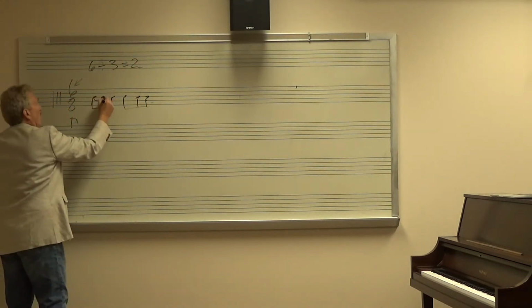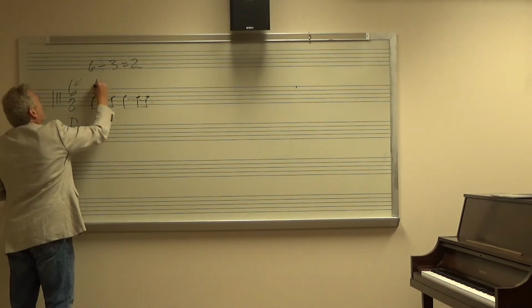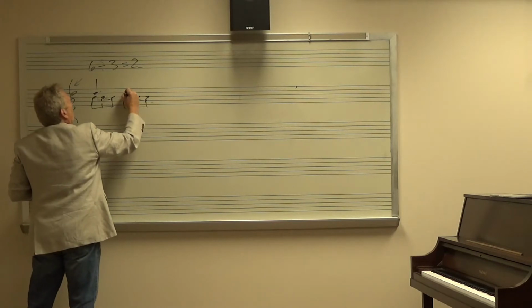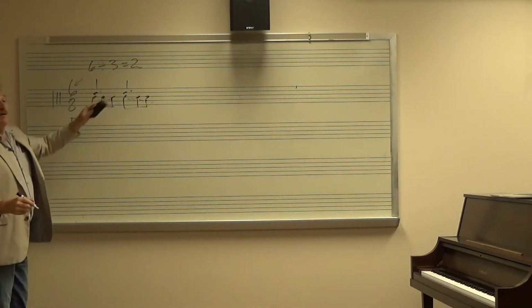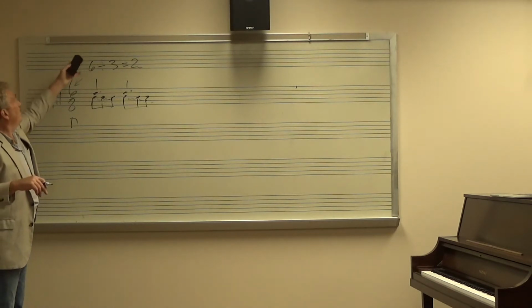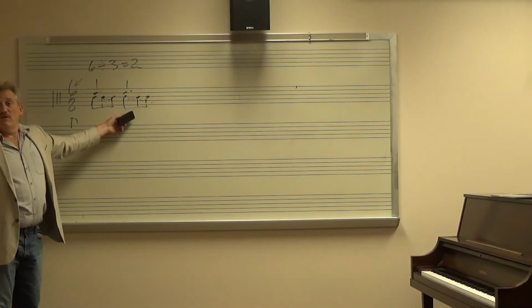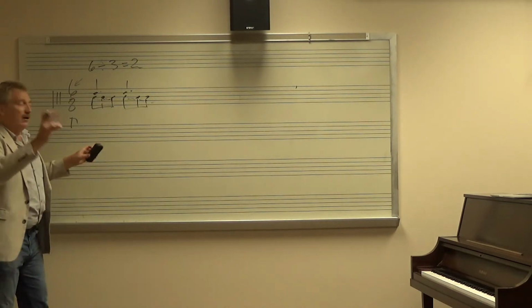That means these 3 are bound together, and that means I have 3 eighth notes, which is a dotted quarter note and dotted quarter note, and so my beat here is a dotted quarter. I take the top time, if it's in compound time, I divide by 3, and I see I have 2 beats. Since the subdivision is eighth notes, 3 eighth notes together is a dotted quarter note.